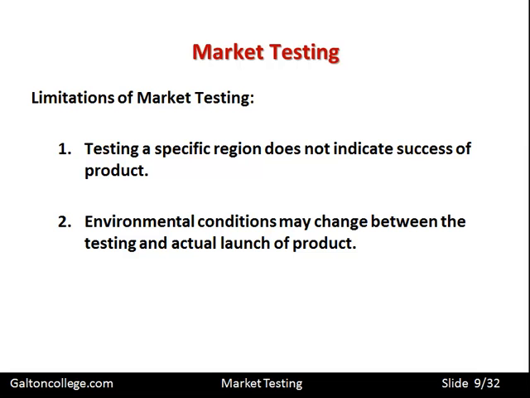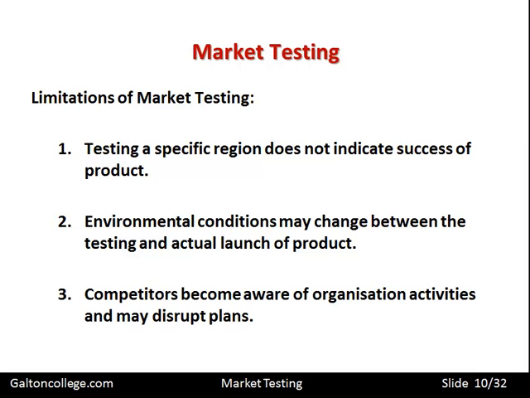Lots of things can happen, and the product hasn't been established, so it has no chance of succeeding because the environmental conditions have changed. So it's important that once it's been tested in an area, and once it's shown to be likely to be successful, that the test has been positive, then introduce it fast afterwards.